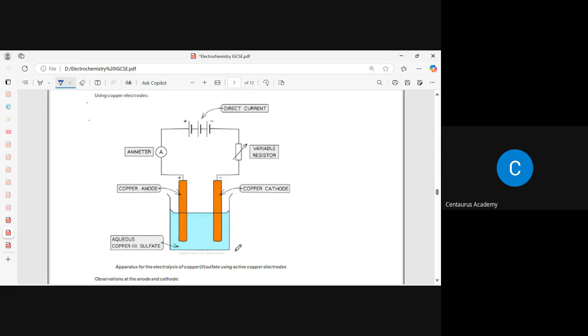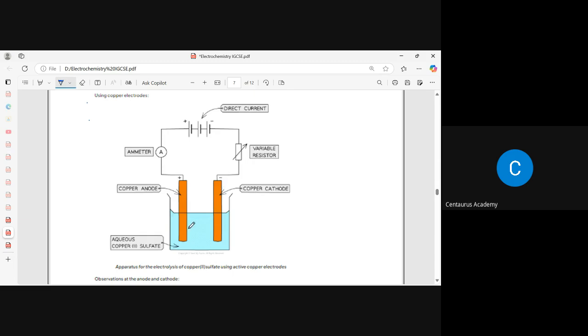How? For instance, look at this setup of electrolysis. This is a simple electrolytic setup where you have a DC supply, connecting wires, and the anode and the cathode. These electrodes are dipped within the electrolyte, which is aqueous copper(II) sulfate, and both electrodes are made of copper rods.